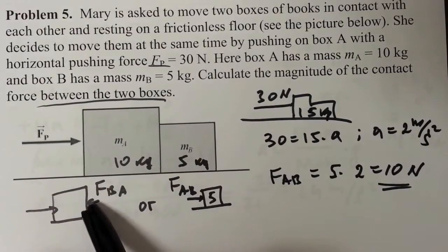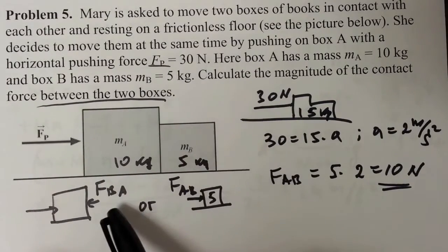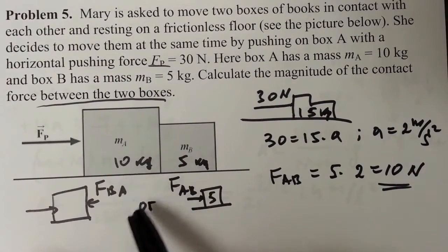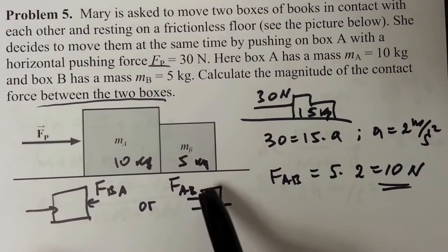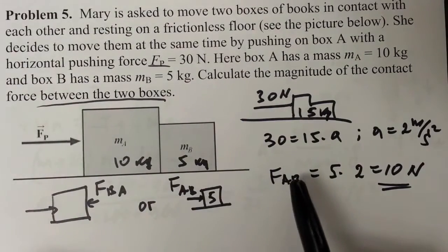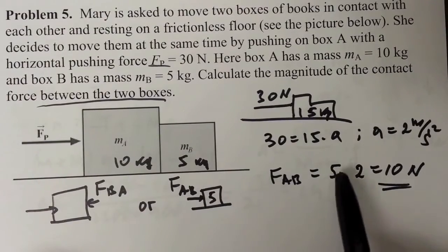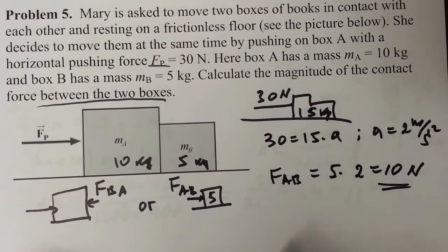So this is the force from B on A, this is the force from A on B, and according to Newton's third law, they have the same magnitudes, opposite directions, but the same magnitudes. So we can calculate this, we can calculate that, doesn't matter. Calculating this is easier. So the mass of this is 5, the acceleration of this guy is the same, 2, 5 times 2 is 10.